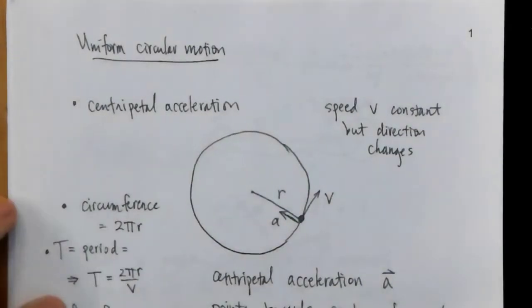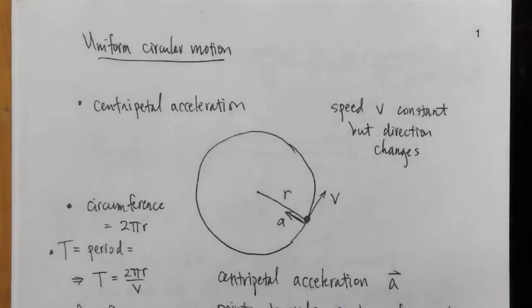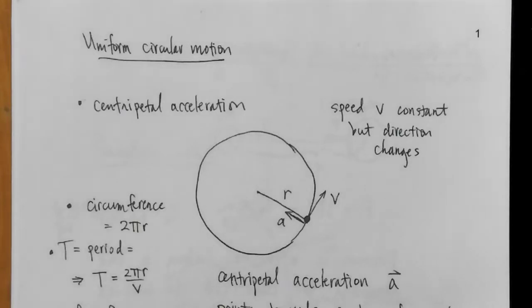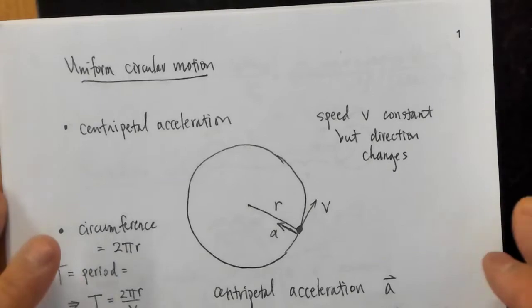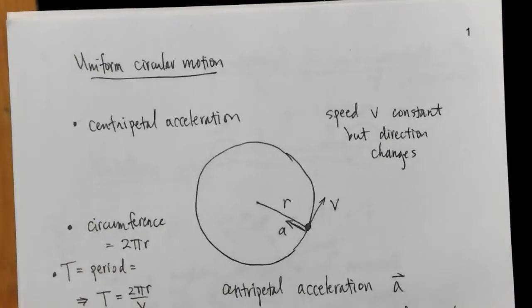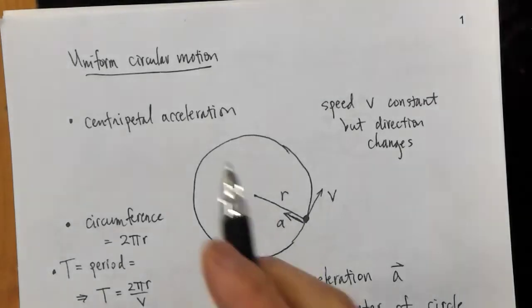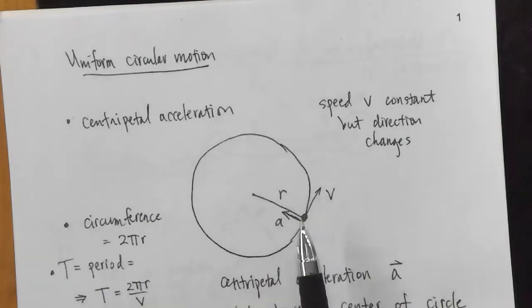Okay, so this is not quiz 6 material, but this is part of what we've been doing with planets and satellites, so let me just make sure this is fresh in your memory. In uniform circular motion we have centripetal acceleration.